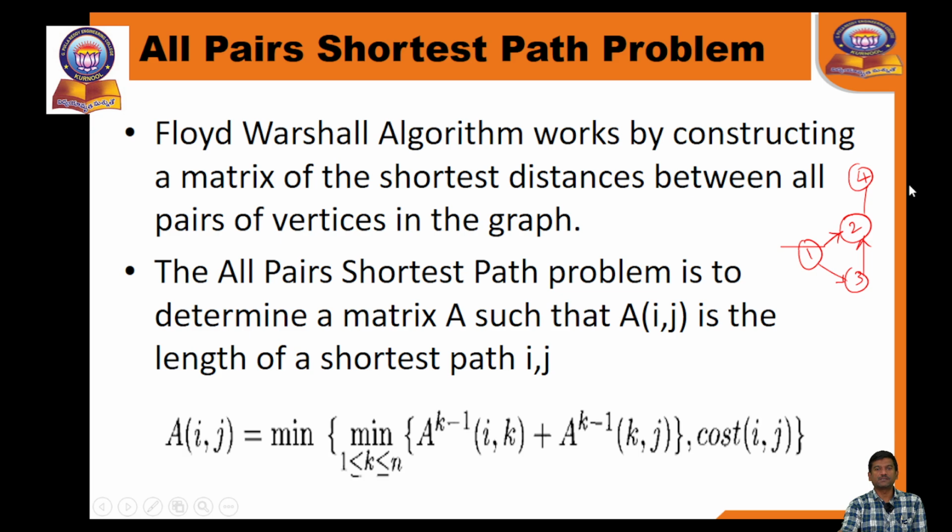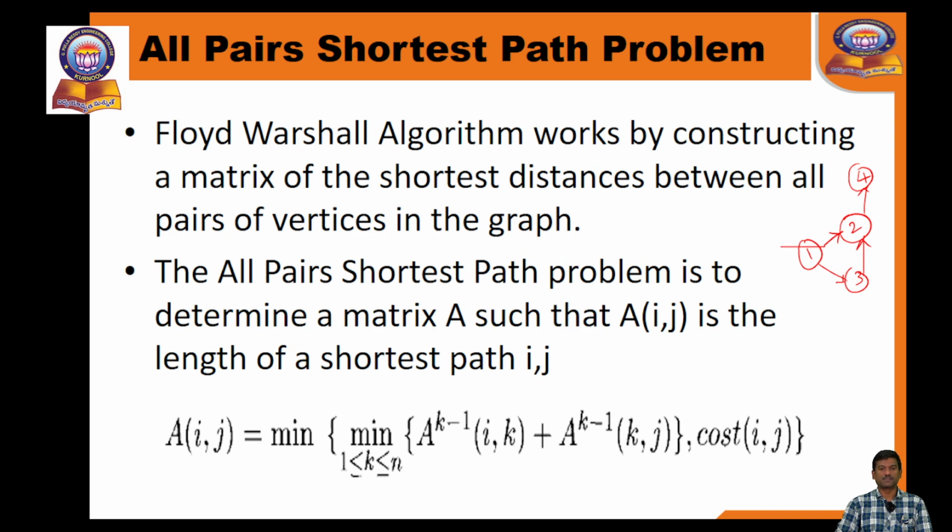In such cases, you keep it as infinity. In the next stages, you check whether there is a shorter distance from 1 to 4, because we can reach 4 from 1 through 2, that is 1 to 2 to 4, and we can also reach 4 from 1 through 3, that is 1 to 3 to 2 to 4. Between these, which is the minimum? That can be found using the stages. So at every stage, you find the optimal solution that can be reached for every pair of vertices.